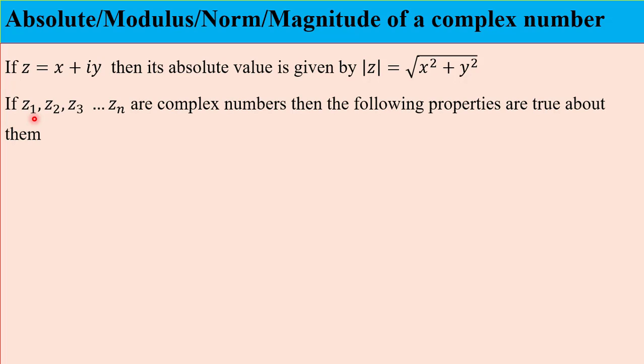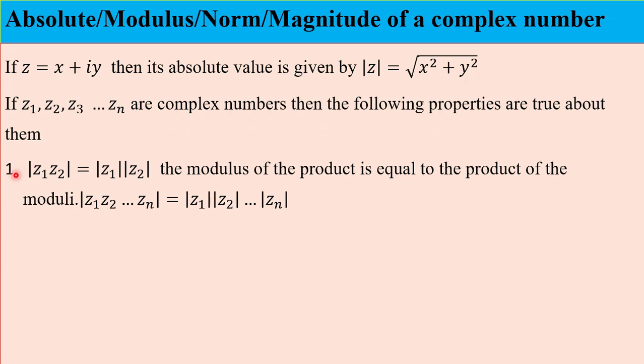Also, if we have z1, z2, z3 up to zn, and these numbers are complex numbers, then the following properties are true about them. Number 1, the magnitude of z1 z2 is equal to the magnitude of z1 times the magnitude of z2. Or, the modulus of z1 z2 is equal to the modulus of z1 times the modulus of z2.